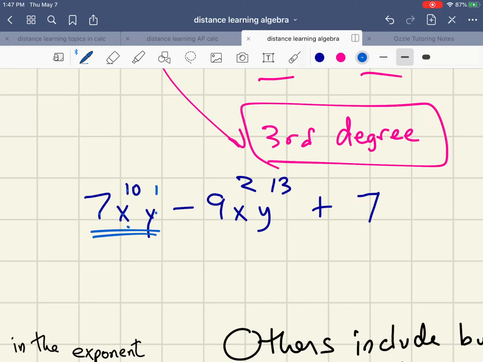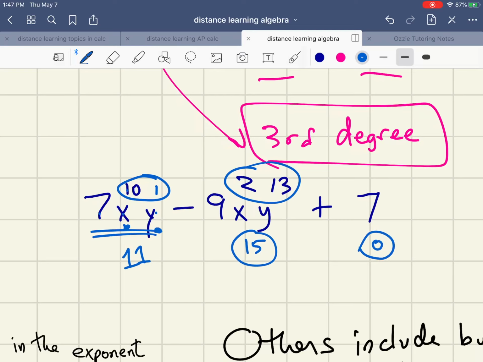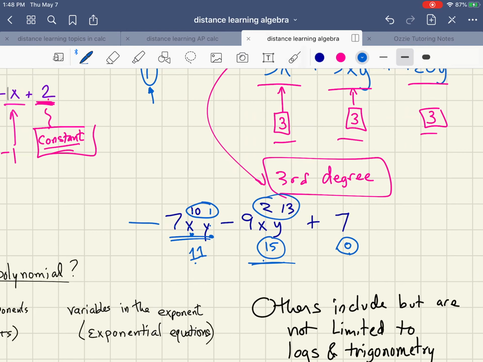We're only looking at the variables and what their total degree is. So if I add those two, this first term is 11th degree, here is 15, and here, since there's no variable, that term is degree 0, also known as a constant. So we compare those three numbers. Clearly 15 is the largest, so this is a 15th degree polynomial.